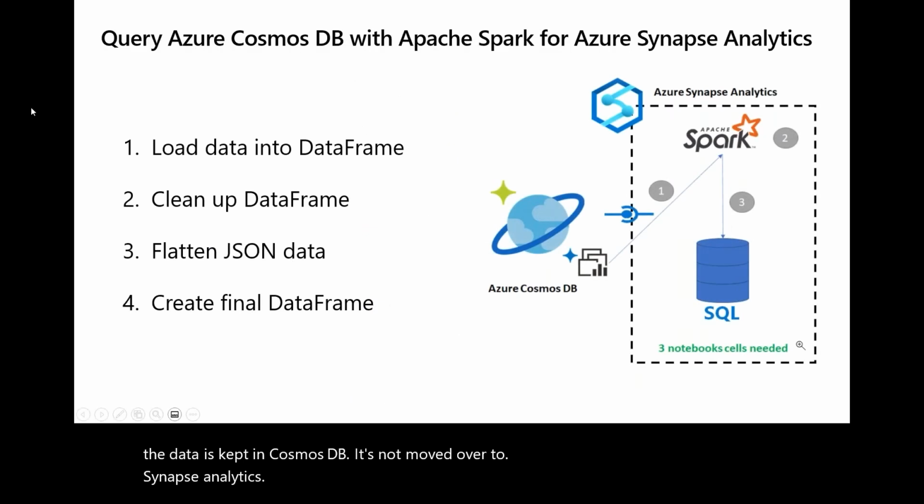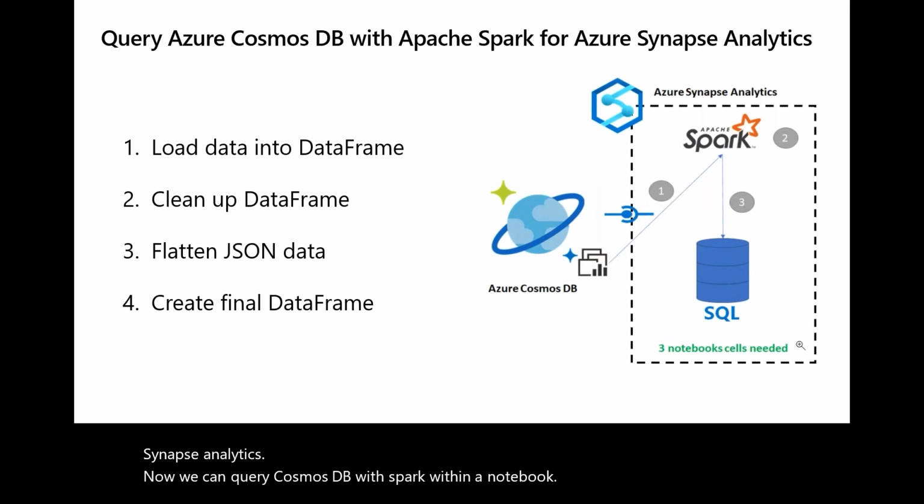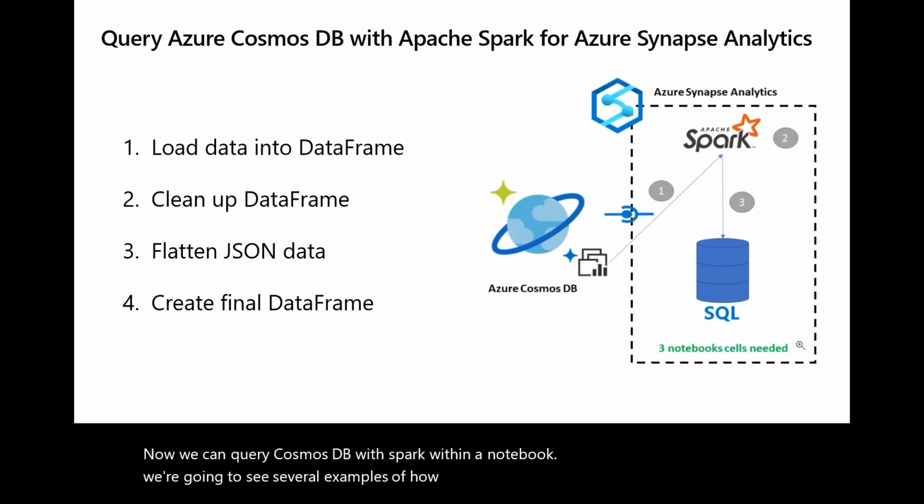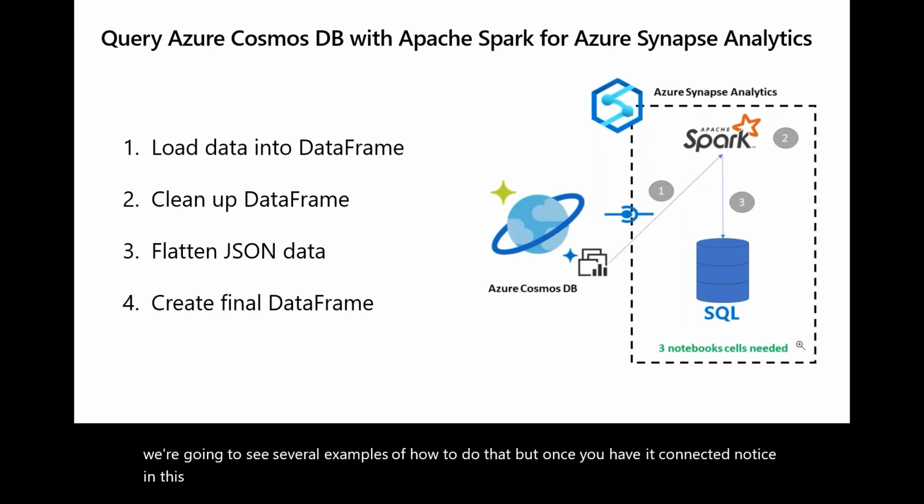Now, we can query Cosmos DB with Spark within a notebook. We're going to see several examples here of how to do that. But once you have it connected, notice in this screenshot, number one is the data is loaded into a data frame.